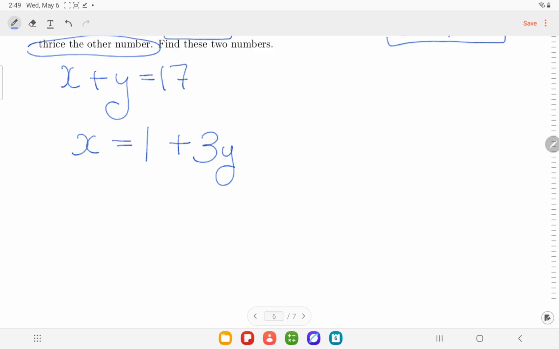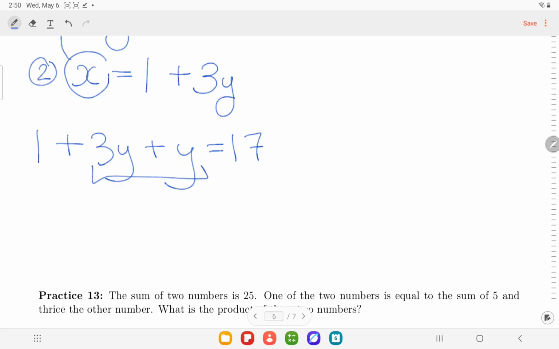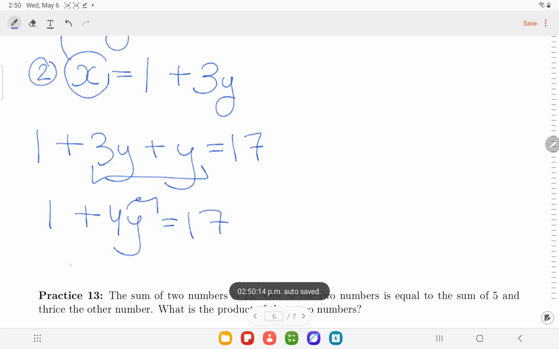And here we can substitute this second equation into the first one because we have our x. This x is the same as this x. So we can rewrite this as 1 plus 3y plus y is 17. And these two are our like terms, so we can add them together. And then we want to isolate for y, so we will subtract 1 from each side.